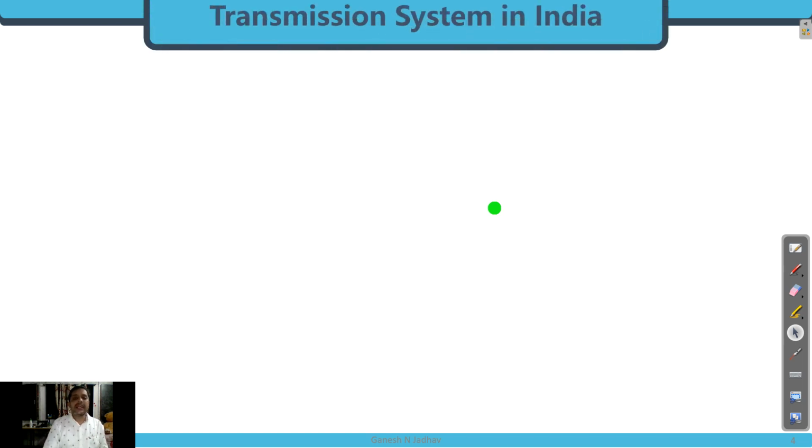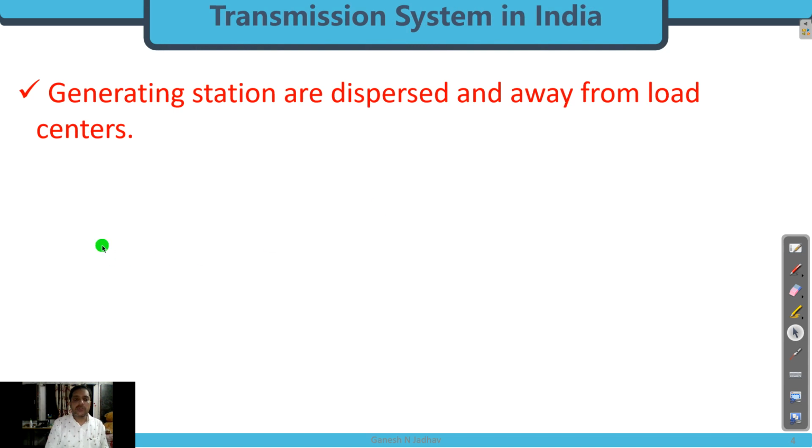So let's begin with the transmission system in India. We know that the generating stations are dispersed and away from the load centers. We will take an example of Maharashtra here, as I am from Maharashtra. The majority of the generating stations are thermal in nature and are located in Vidarbha and Marathwada.